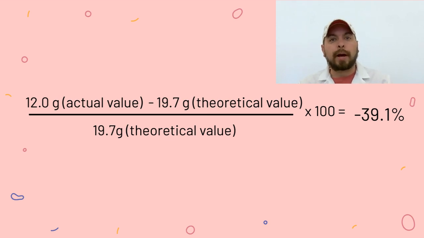So Pablo's error was 39.1% less than we expected to get. So we've now used percent yield and percent error to provide an understanding of what Pablo got versus what he expected to get.